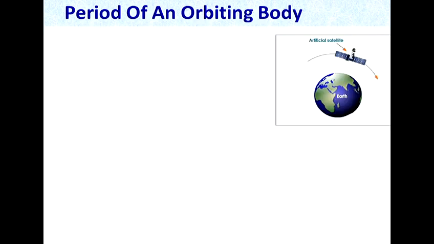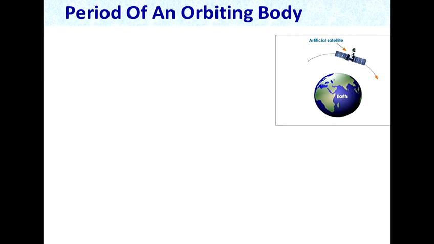So today, we're going to look at how to determine the period of a body that is in orbit. Here, we have a satellite that's orbiting around Earth. In order to maintain circular motion about Earth, the satellite needs a centripetal force.